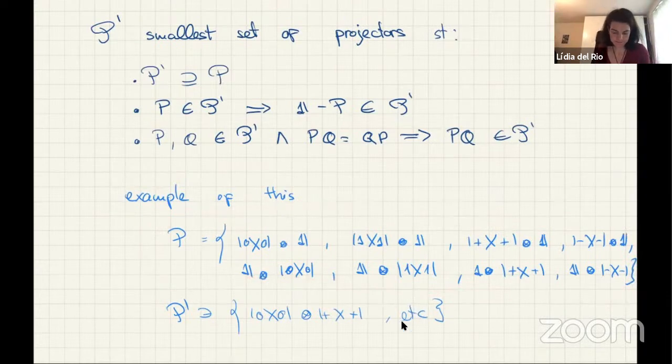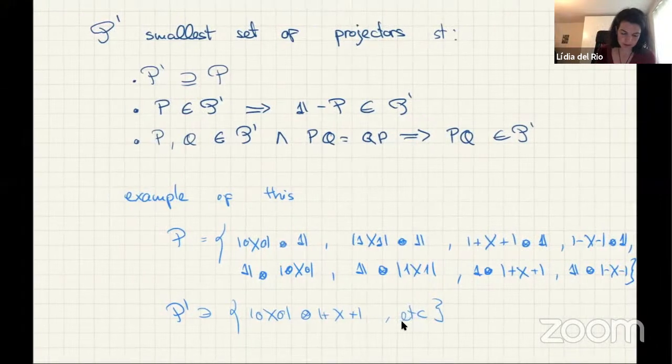All right. So then we need one more ingredient, which is the probability function.